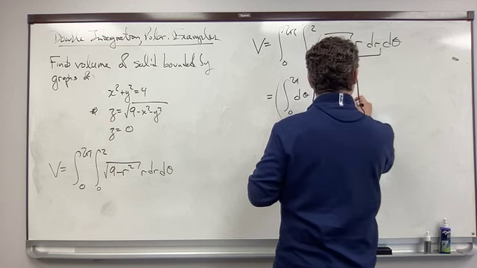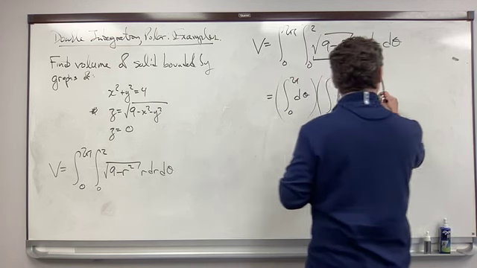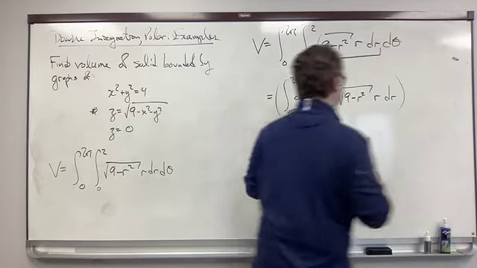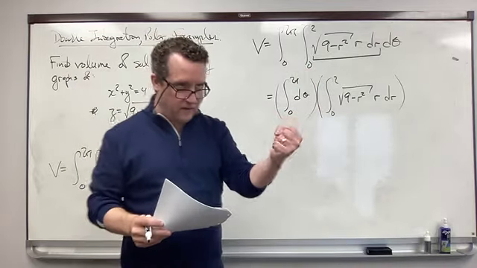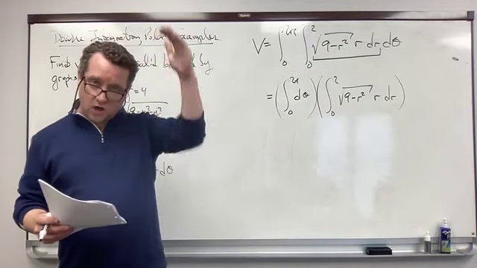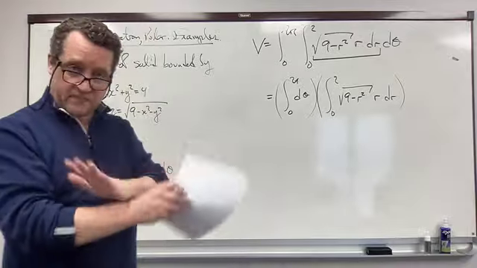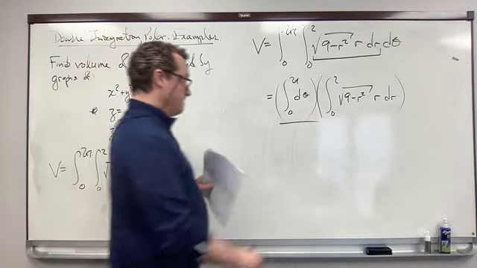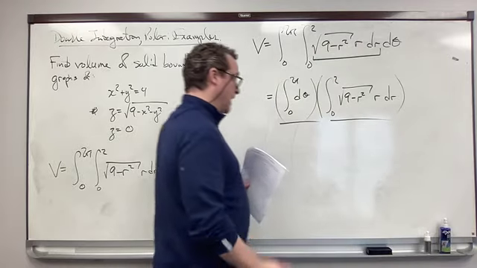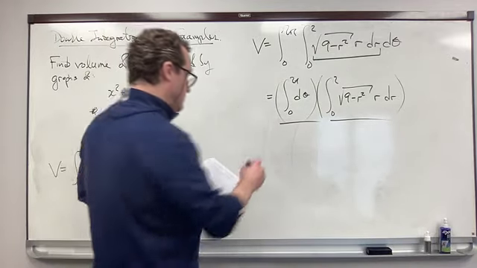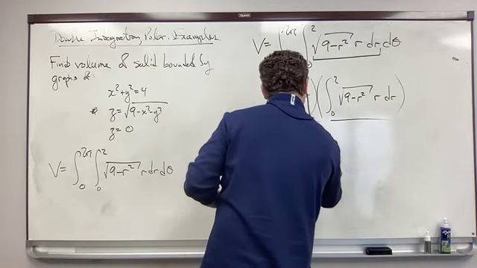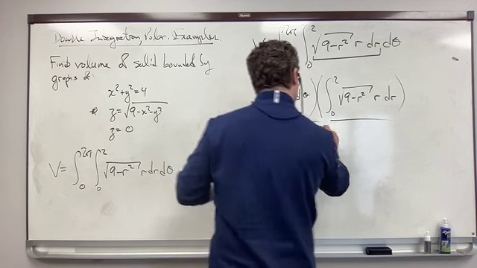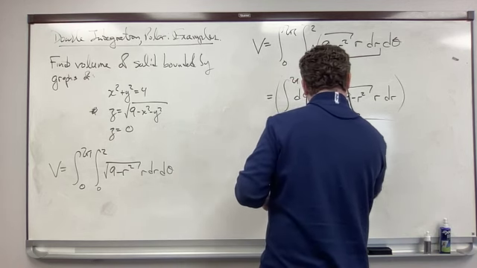So normally these things are nested, and you can't generally do this. But if the integrand is a function of just one variable, and the limits are constants, then you can separate them off, right? And so we have the integral from 0 to 2 pi of d theta, and then the integral from 0 to 2 of 9 minus r squared r dr. So this thing is equal to 2 pi times the integral that we actually went ahead and did.